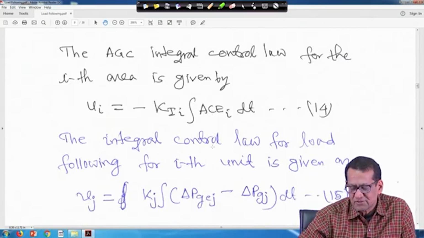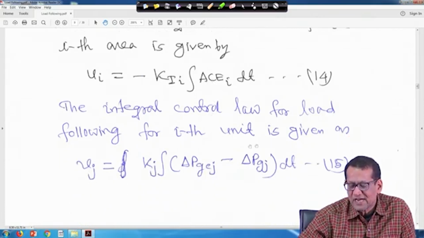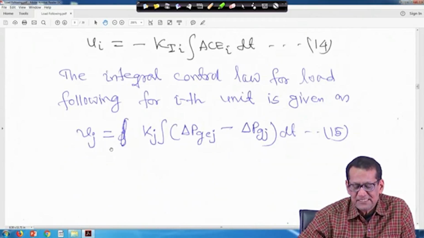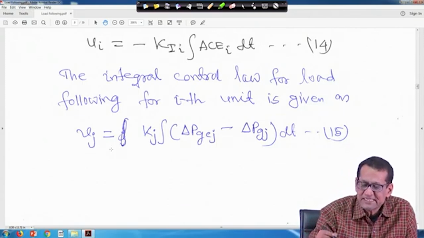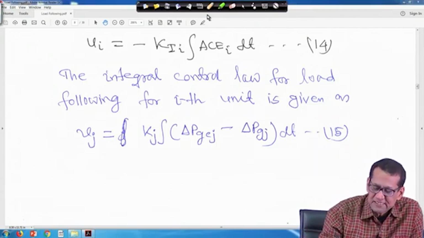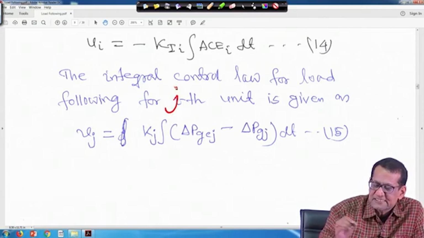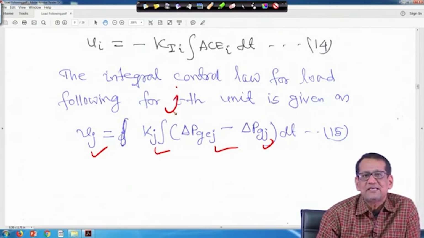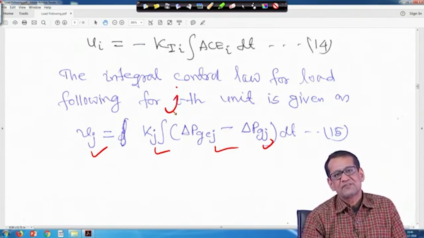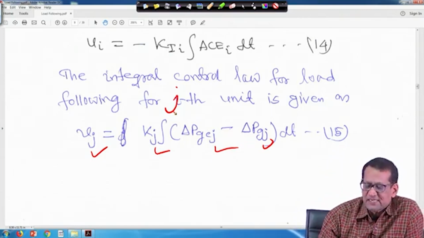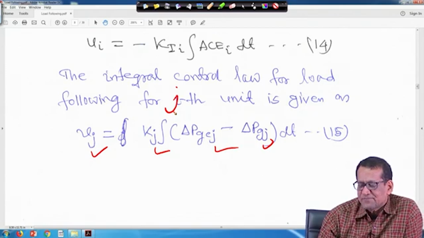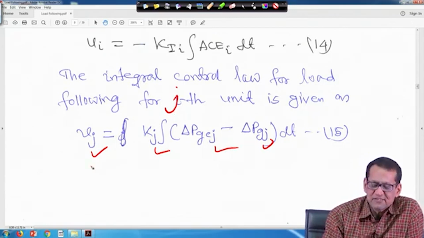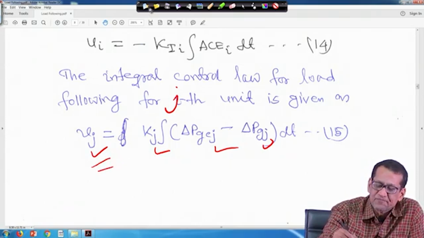So, the integral control law for the load following for the jth unit is given as, it will be the jth unit, because here it is written j, j, j and j. So, Vj is equal to Kj integral of delta Pgcj minus delta Pgj, right. So, this is the load following controller expression.